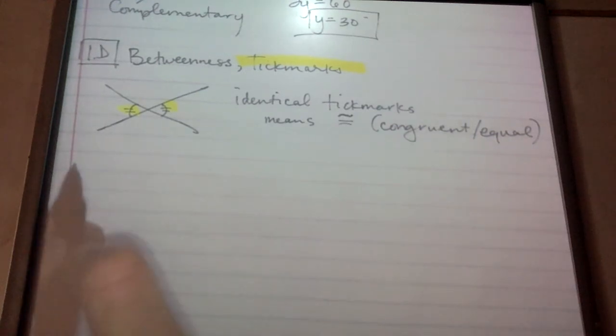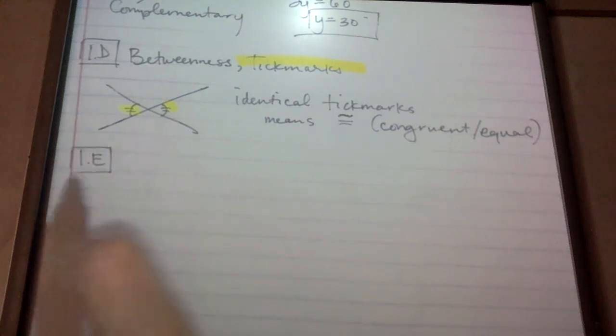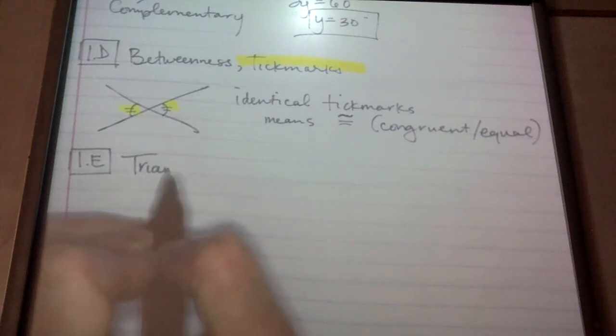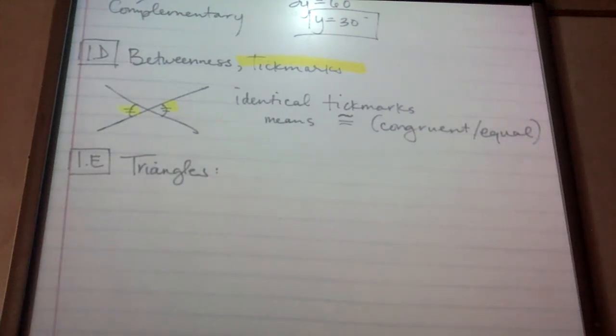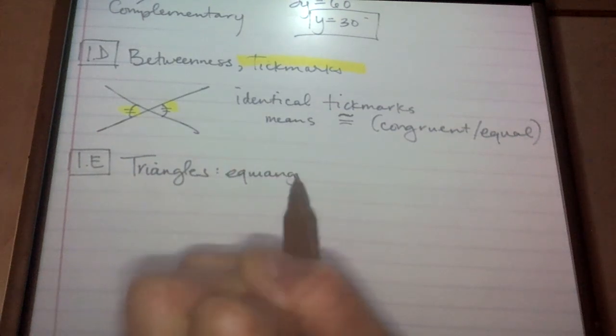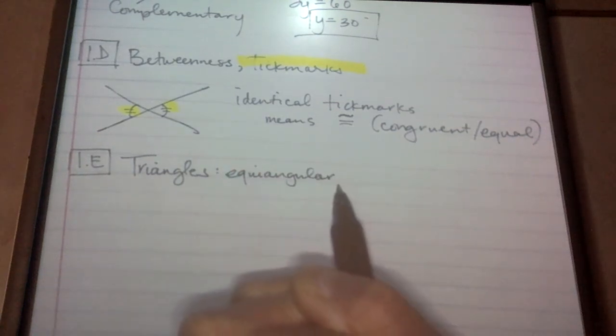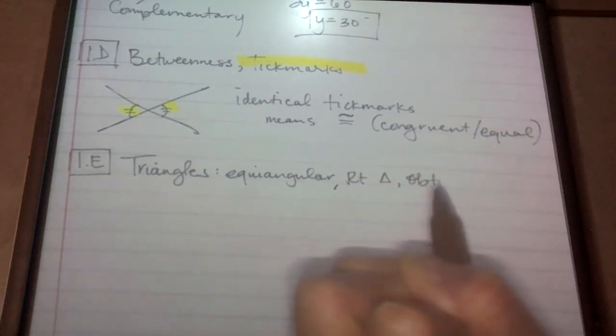1.E goes over all the types of triangles, and it's all review. I'm not really going to go over it. You can use the book. I don't really feel like I need to go over what an obtuse triangle is, but you have this section to reference it. But they go over what an equiangular triangle is, what a right triangle is, what an obtuse is.